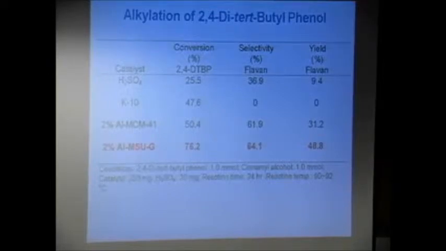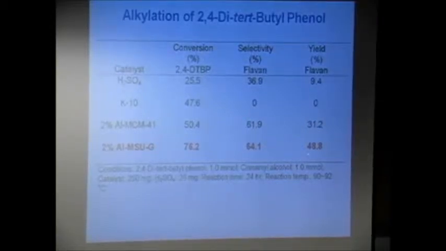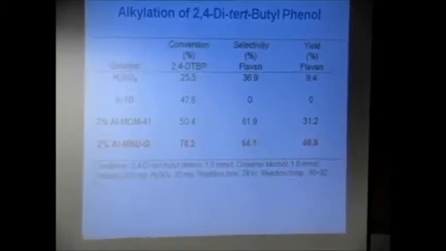Now, this is the MSU-G material, which is layered and vesicular in its hierarchical particle morphology. You could do even better than MCM41. And the reason for that is the diffusion path is much shorter in these disordered structures than in these more monolithic structures that are made through electrostatic assembly.